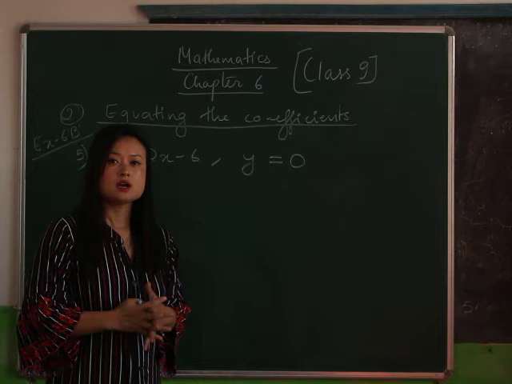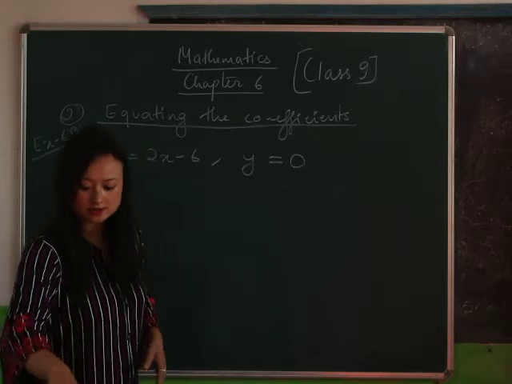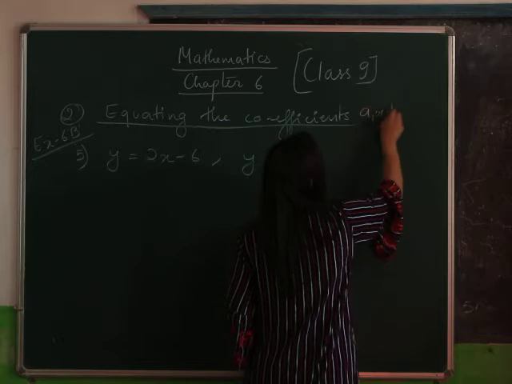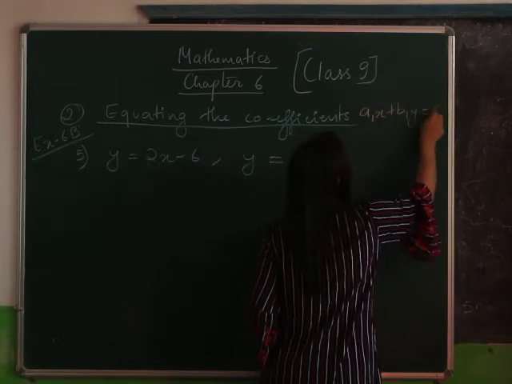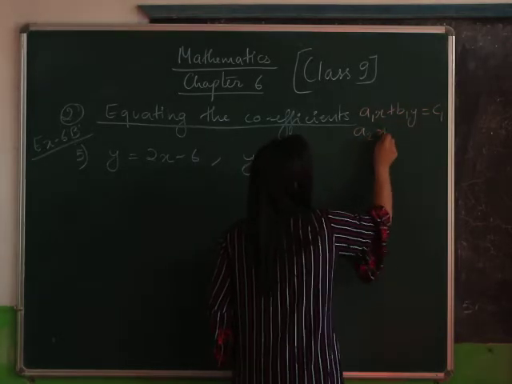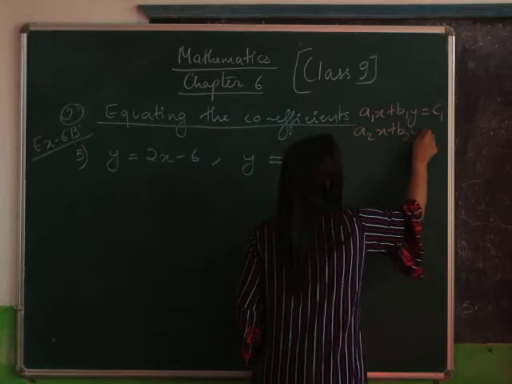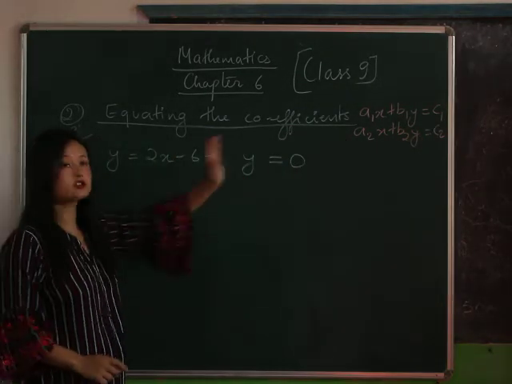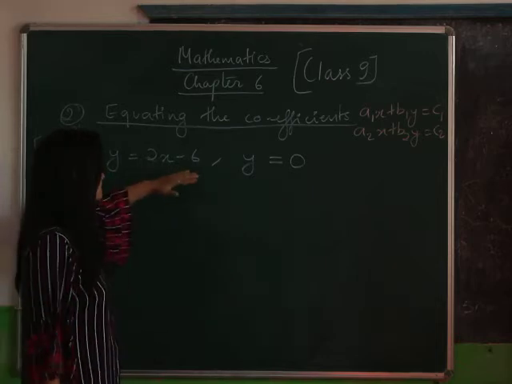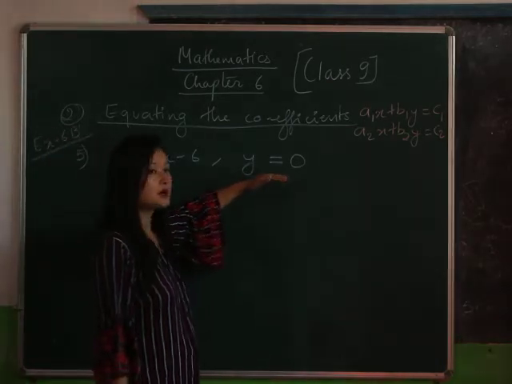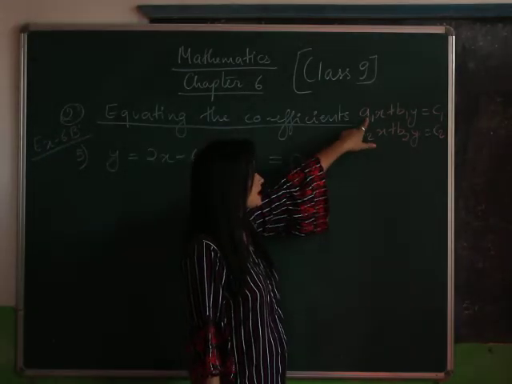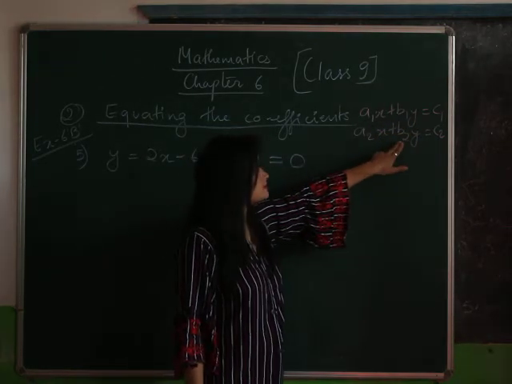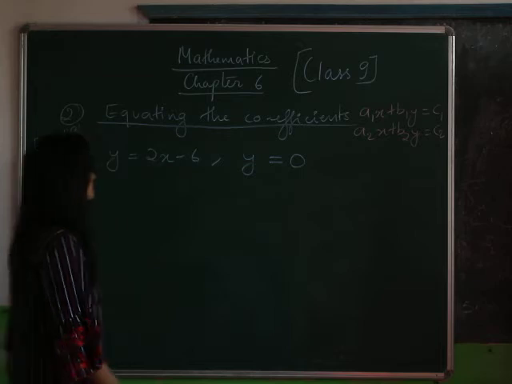As you know, we have to bring it to the general form, which is a1x plus b1y is equal to c1, a2x plus b2y is equal to c2. That is your general equation. Both equation 1 and equation 2 have to be brought into this form.